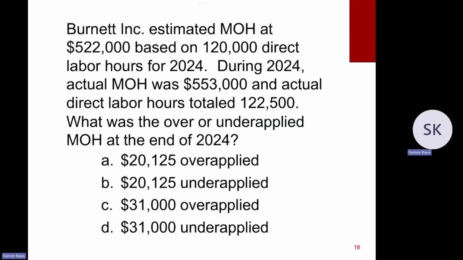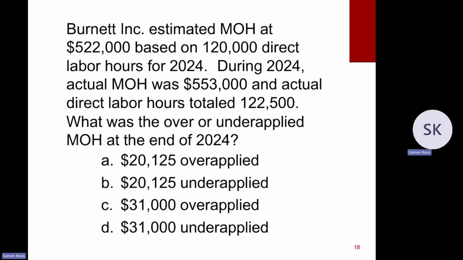Okay. So you practice this and see what you can find out, because Burnett estimated manufacturing overhead at 522 based on 120 direct labor hours in 2024. During 2024, I had actual manufacturing overhead of 553 and actual direct labor hours of 122,500.